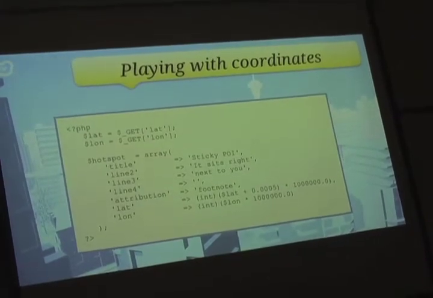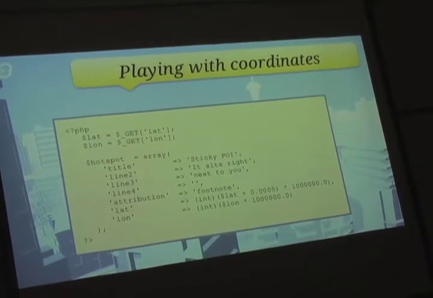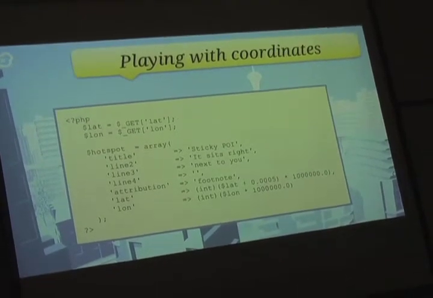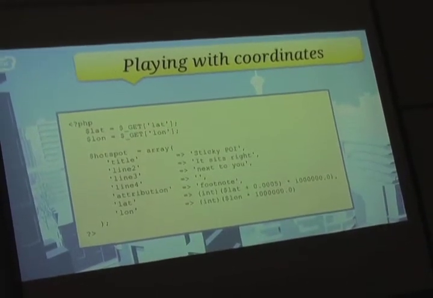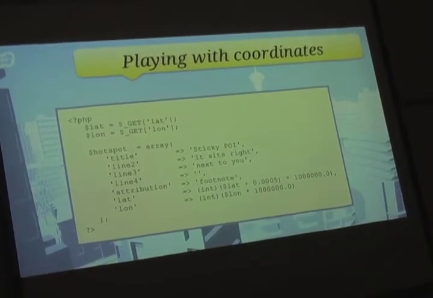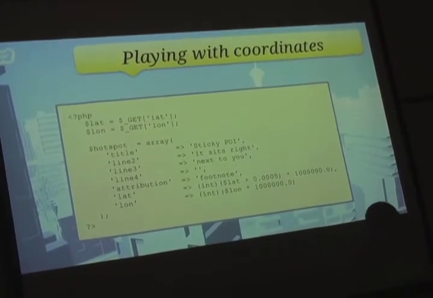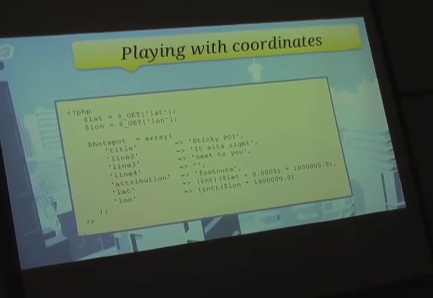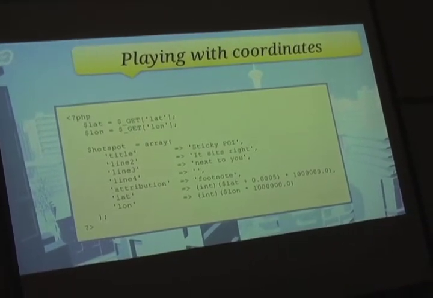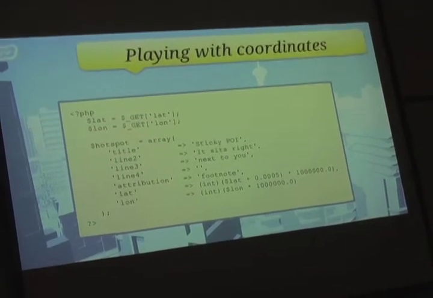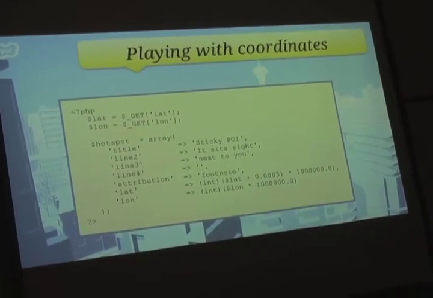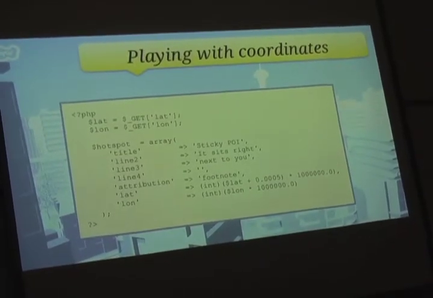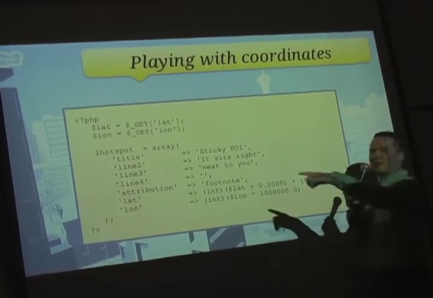All right, playing with coordinates. So what we saw was we are returning a static POI that sits on a specific location. We can play with location as well because the request that comes in comes with a set of parameters. For example, there's something like user ID. We had something like that before. How can I track? But as well, we do get parameters like latitude, longitude, which is the location of the user itself. And you're probably familiar with that notation.